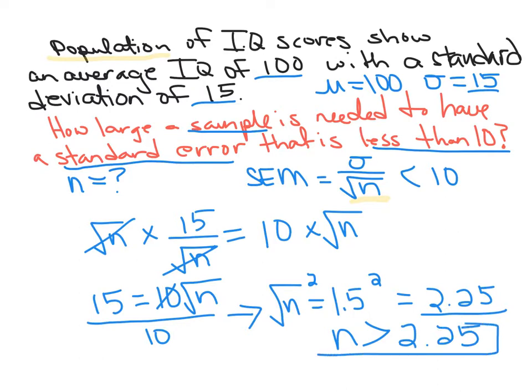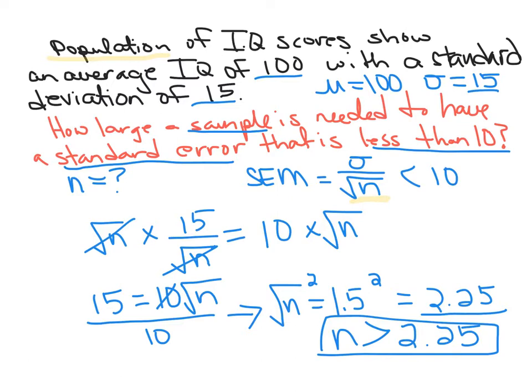That's ultimately our answer. Because if you remember, as sample size increases, error decreases. So you're never going to want your sample to be less than; you're always going to want your sample to be greater than whatever you calculate. That's how to get sample size with the information provided.